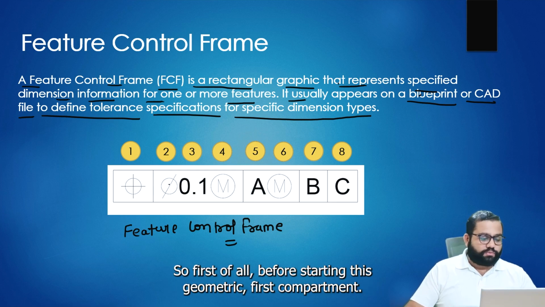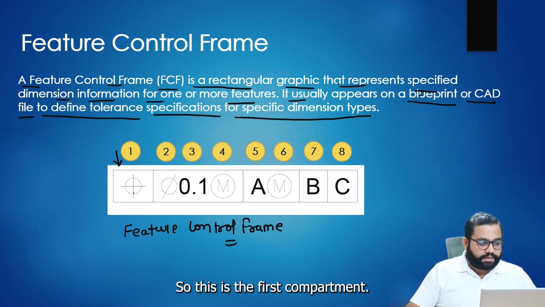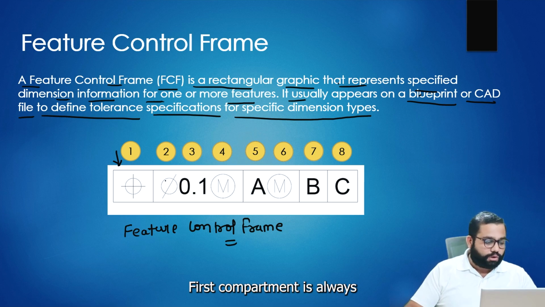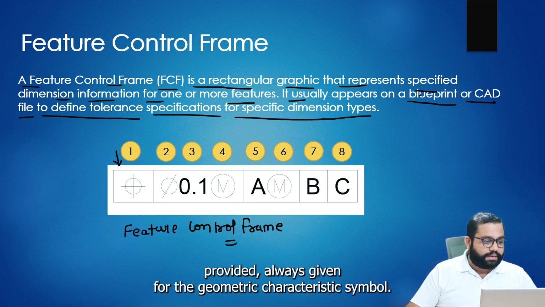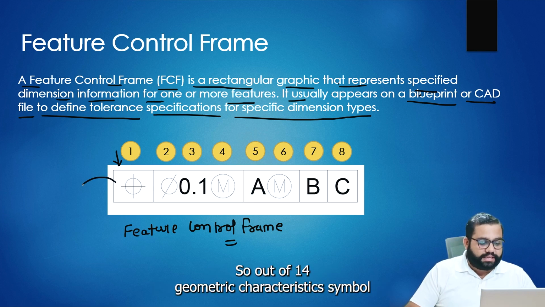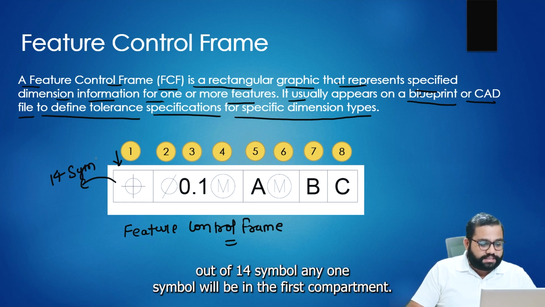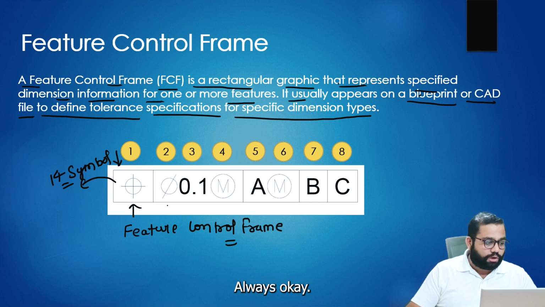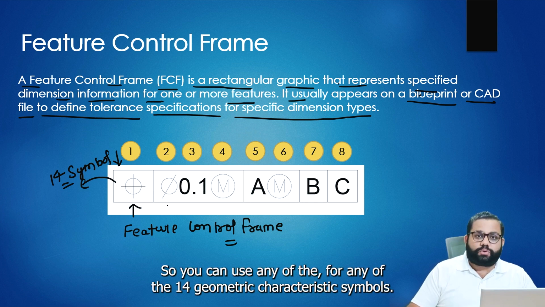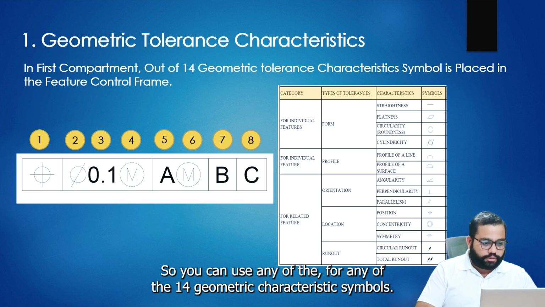This is the first compartment. The first compartment is always given for the geometric characteristic symbol. Out of the 14 symbols, any one symbol will always be in the first compartment. So you can use any of the 14 geometric characteristic symbols.